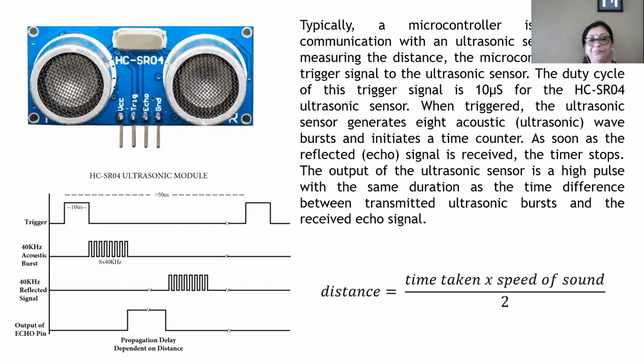So here, one commercially available ultrasonic sensor, the HC-SR04, is shown. This is an ultrasonic module. It typically consists of a transmitter and receiver, and as I told you, a piezoelectric sensor is used as transmitter as well as receiver.